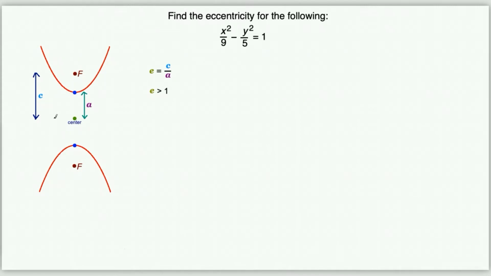So if the focus is closer to the vertex, the curve that we're going to have is going to be like this. As you can see, it will be vertically stretched, or horizontally squashed on both sides.